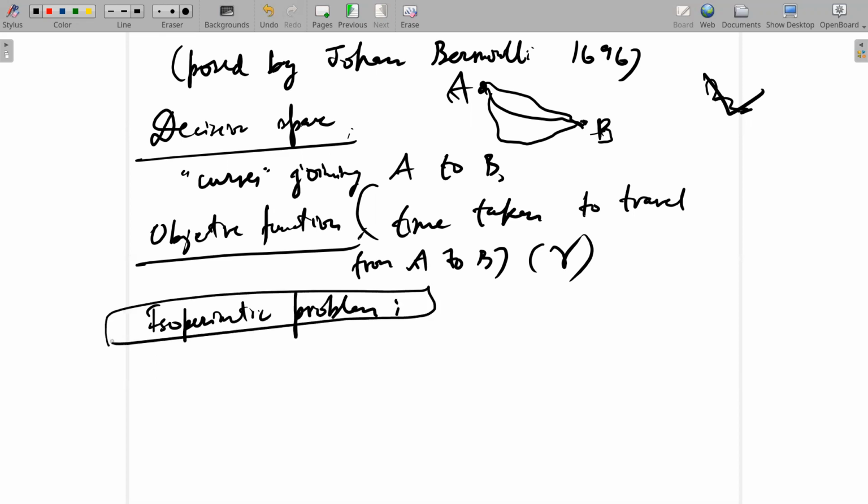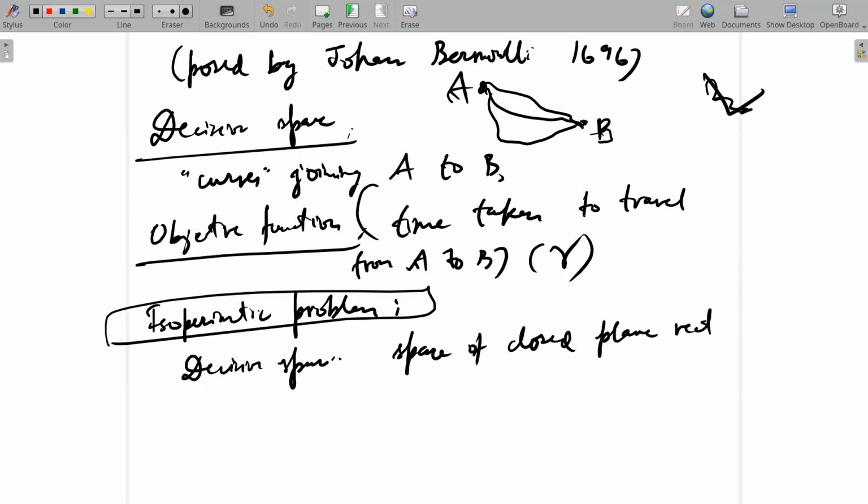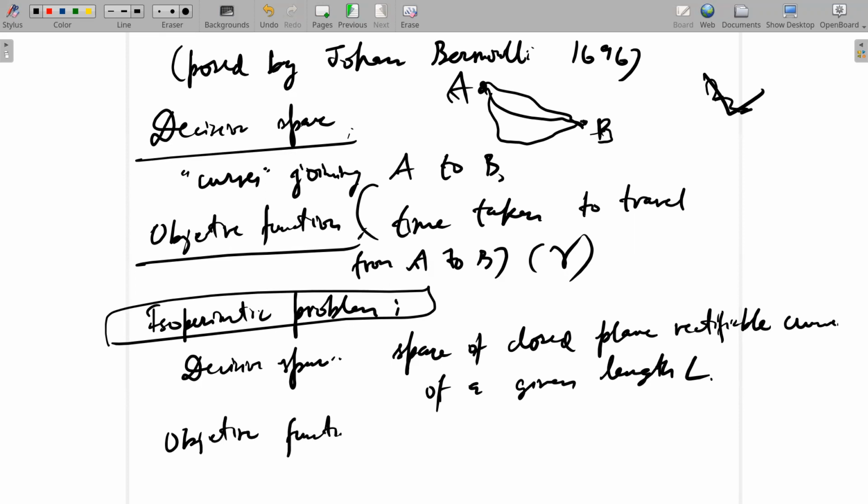Here the decision space is the space of closed plane, or I'll just tell you what this means, rectifiable curves of a given length, L. Let's say the length is L. And the objective function is the area enclosed by the curve.